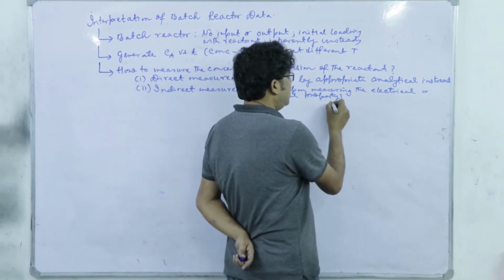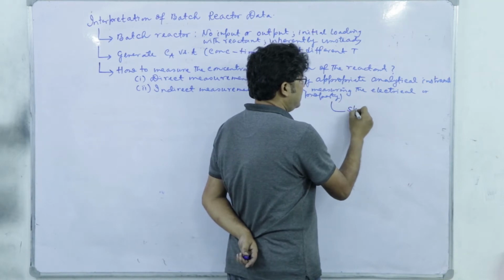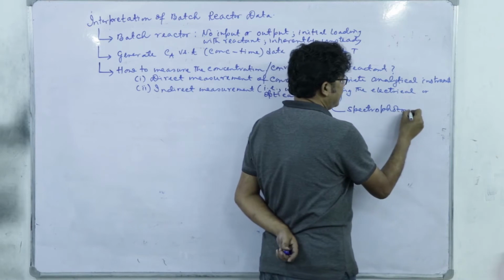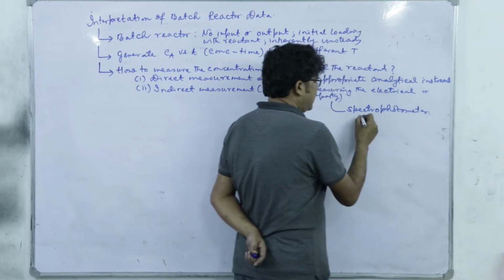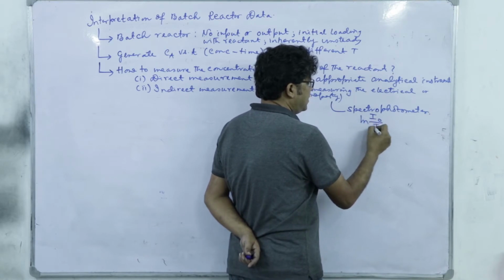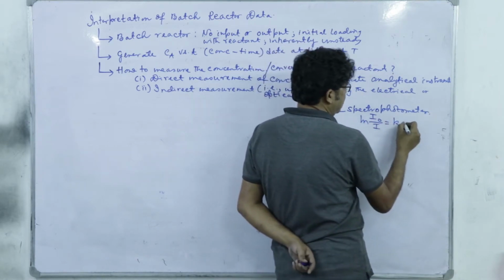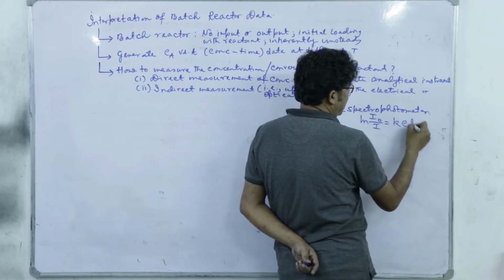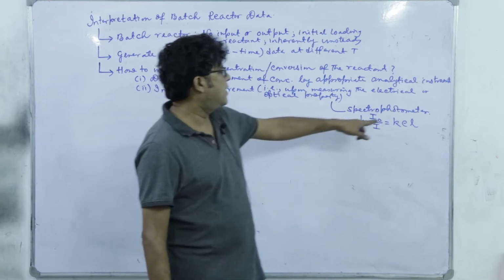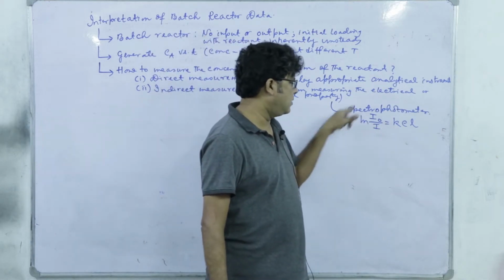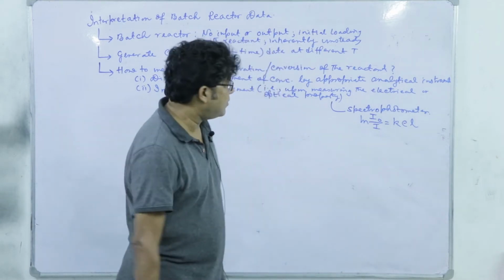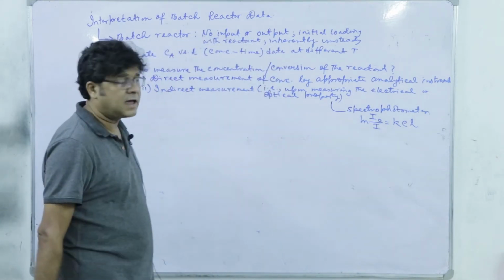So in a spectrophotometer what happens? ln of I0 by I is equal to K into C into L, right. So from there we have a linear relationship between ln of I0 by I with respect to C, and we can measure the concentration if we have the calibration curve.